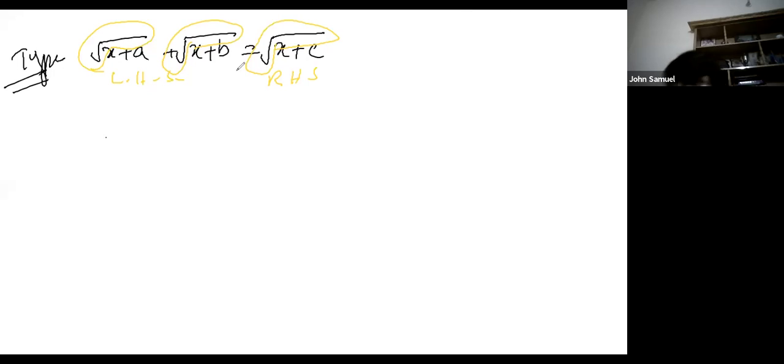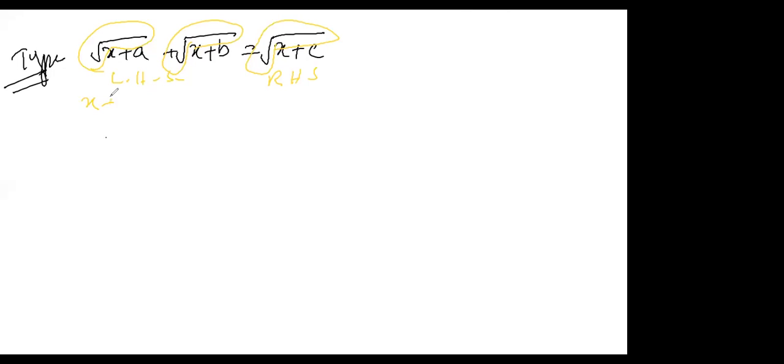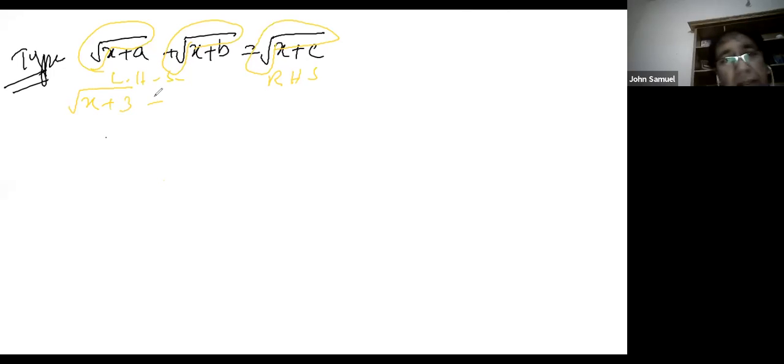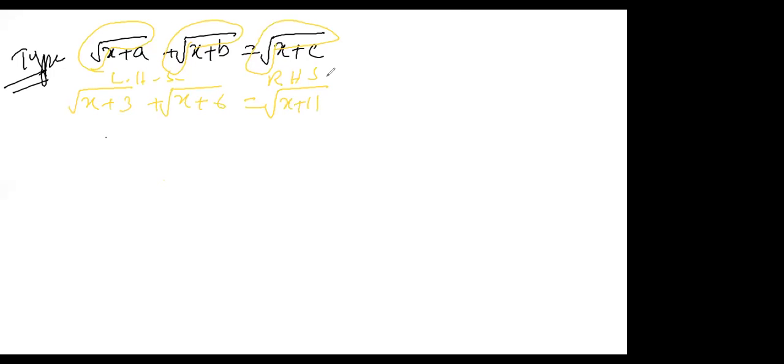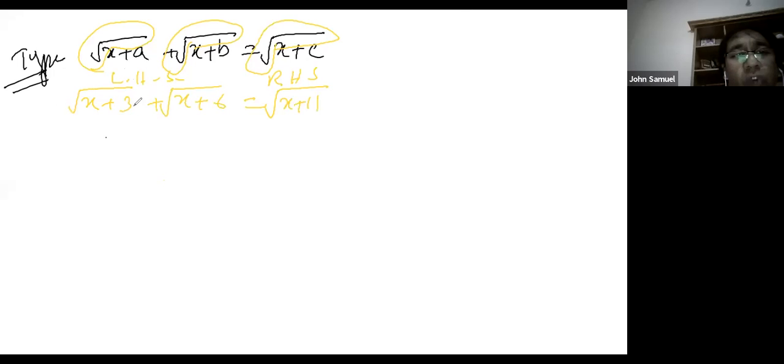The question is here: root of x plus 3 plus root of x plus 6 is equal to root of x plus 11. You can see, my dear student, radical sign is on the left hand side.